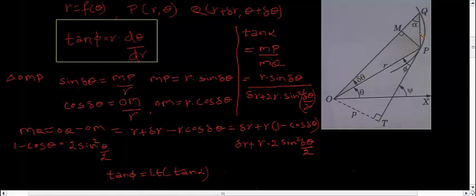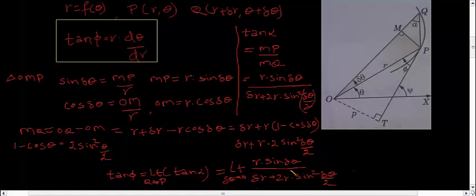This is nothing but limit of tan alpha, which is nothing but r into sine delta theta whole thing divided by delta r plus 2r into sine squared delta theta divided by 2 as delta theta tends to 0.